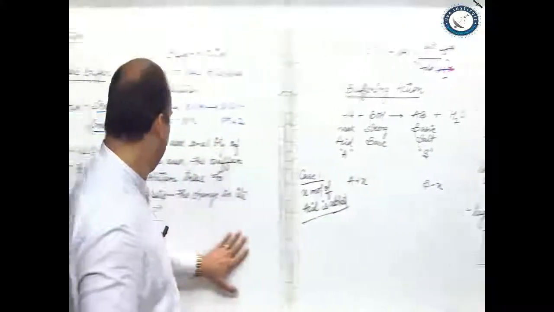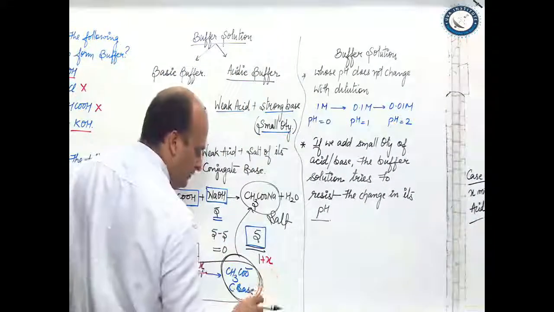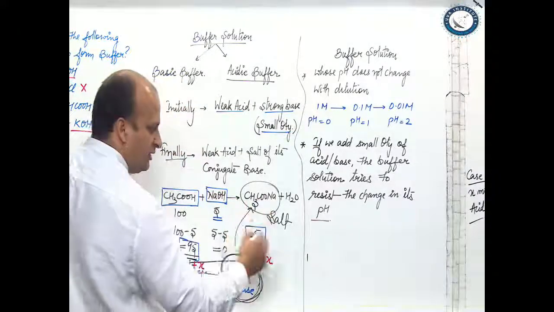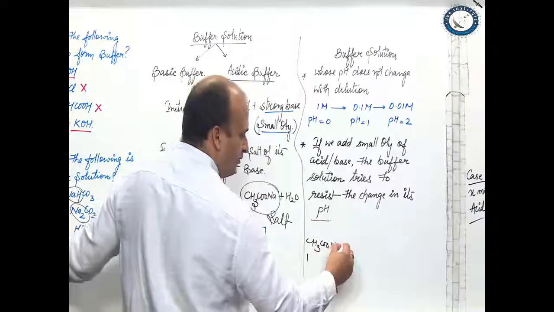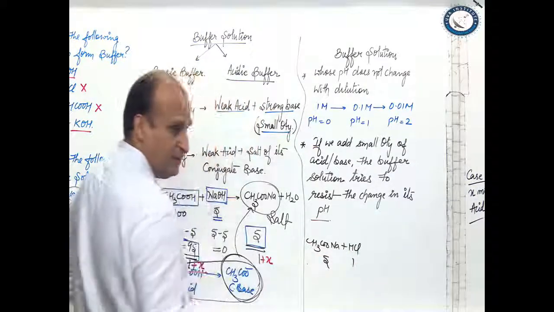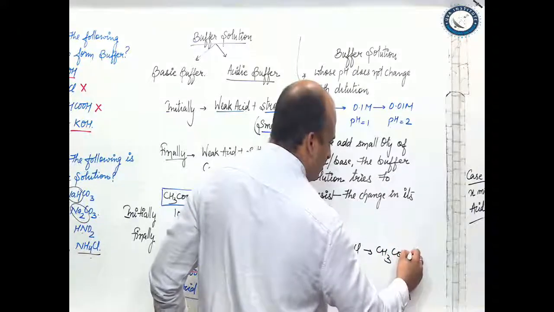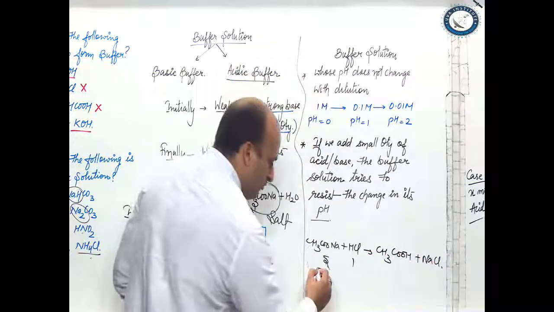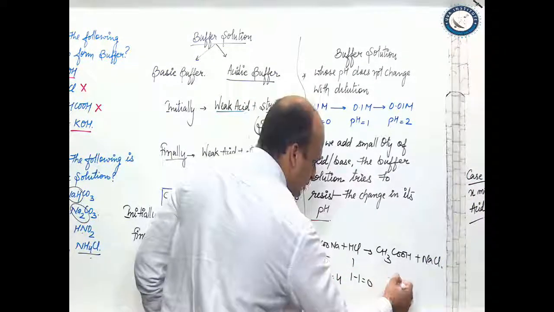Say for example, suppose if I add one HCl over here, so CH3COONa will react with HCl. Say this is 5, there is one HCl. It will give you CH3COOH plus NaCl. So this will be 5 minus 1 is equal to 4. This is 1 minus 1 is equal to 0, and this is 1.